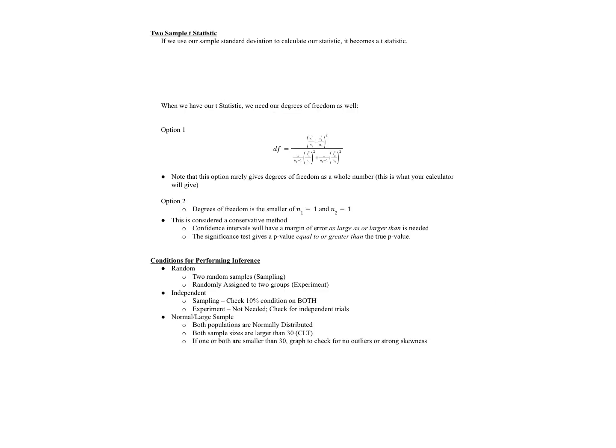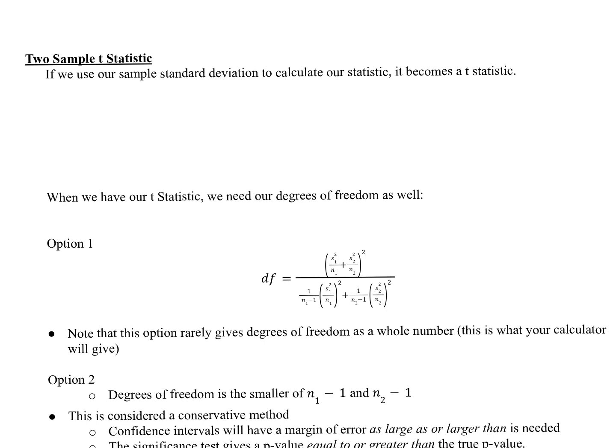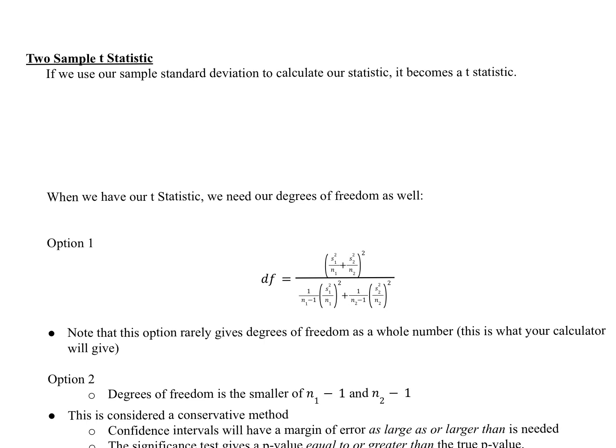Now, if we have to do this, we are obviously no longer going to be having a z statistic. We will now have a t statistic. So this changes the formula. So instead of it being z equals, it would be t equals. And our numerator doesn't change.